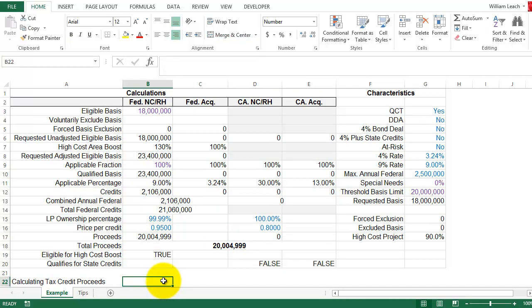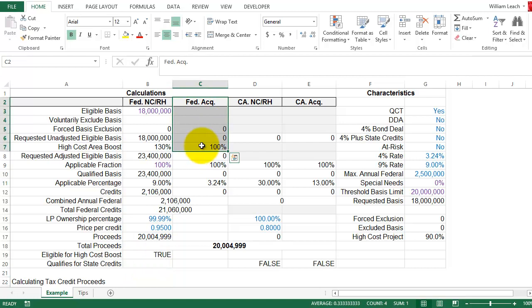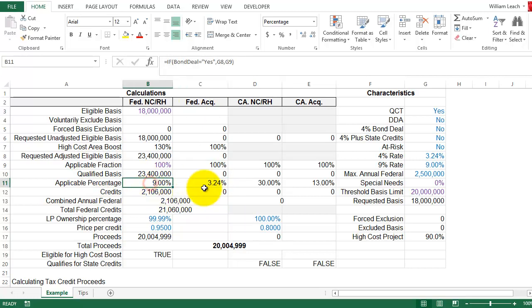However, there are some more nuances than just that simple calculation. For example, your federal acquisition basis is never going to get boosted. It's always going to be 100%. Furthermore, the acquisition applicable percentage and the 4% applicable percentage float on a monthly basis.